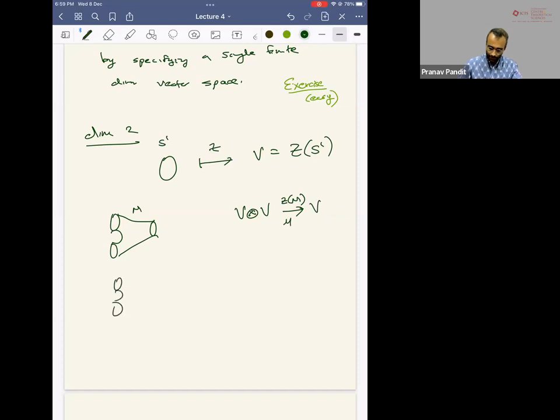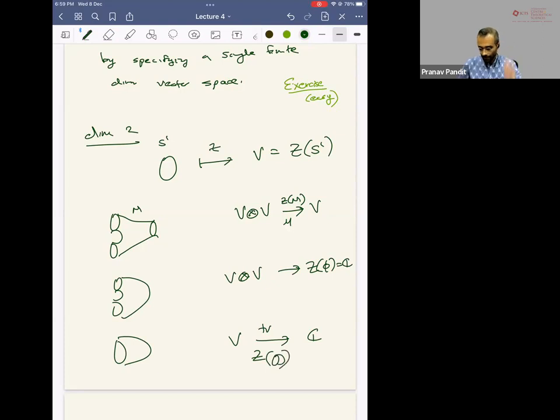Then you have this map, from C to V, which is the unit. Then you have this picture, which gives a map from V to C, which is called the trace, which is Z of this manifold.